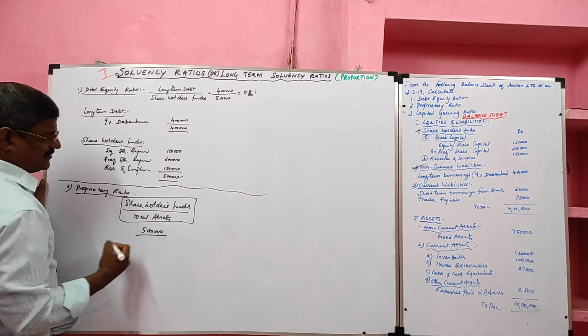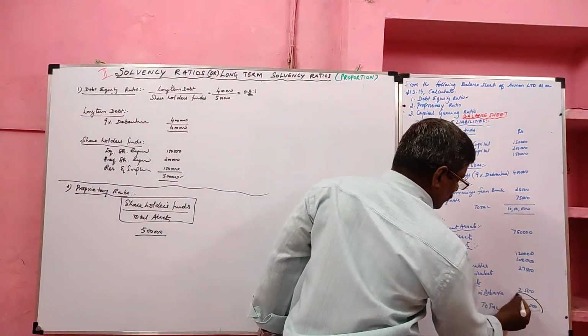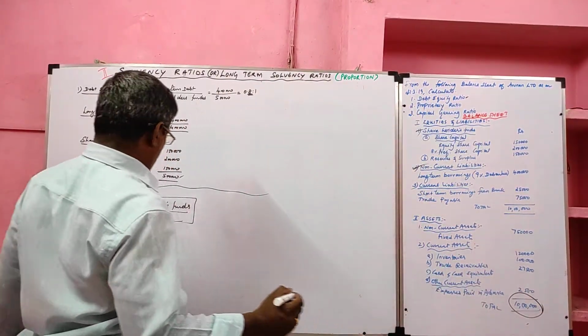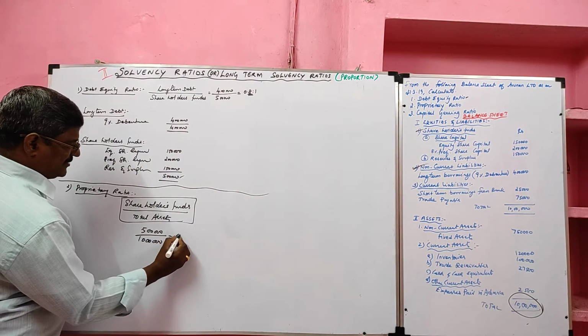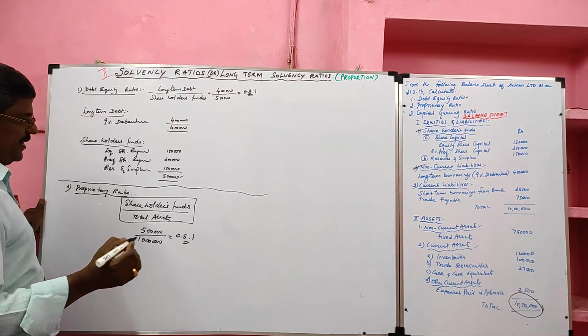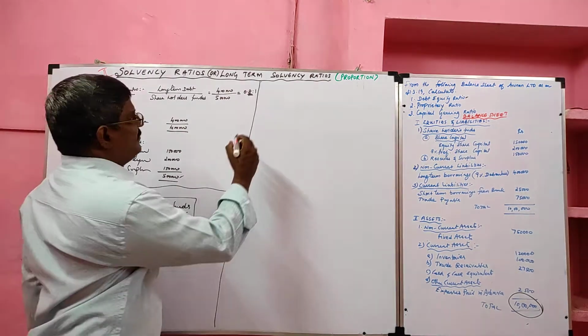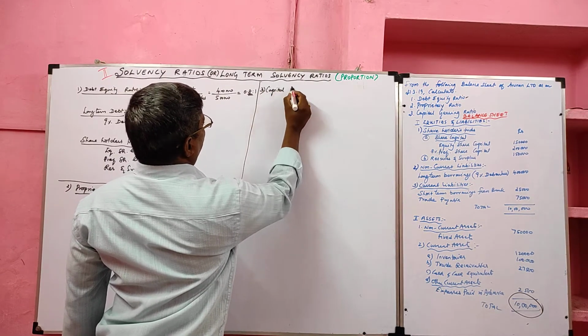Total assets, we know the asset side will take total assets, its value 10 lakh. So our answer is 0.5:1. Proprietary ratio.